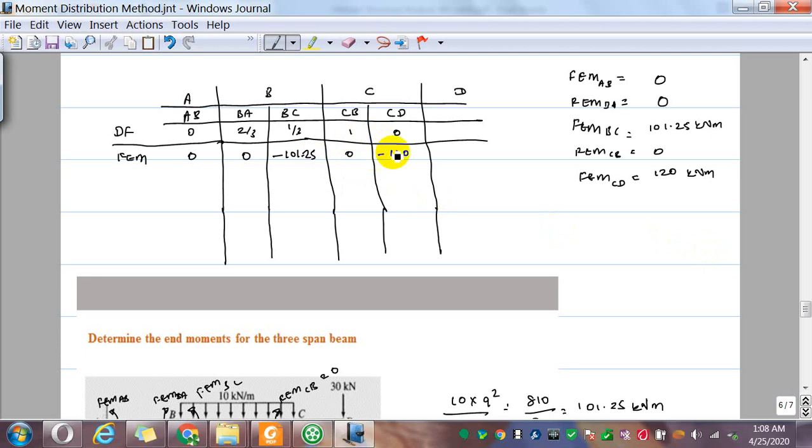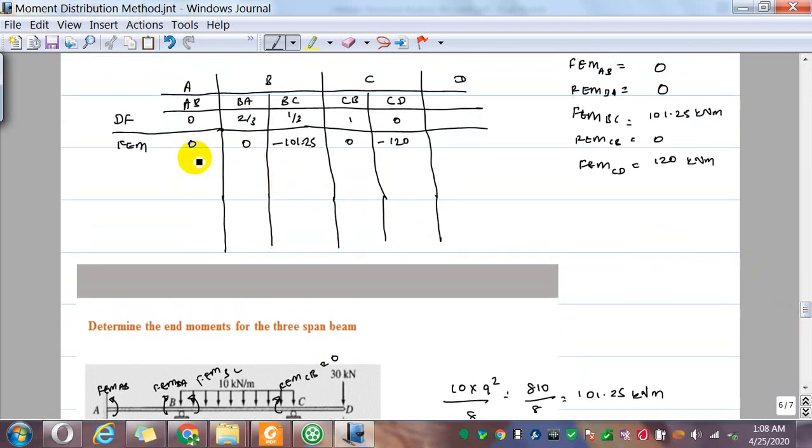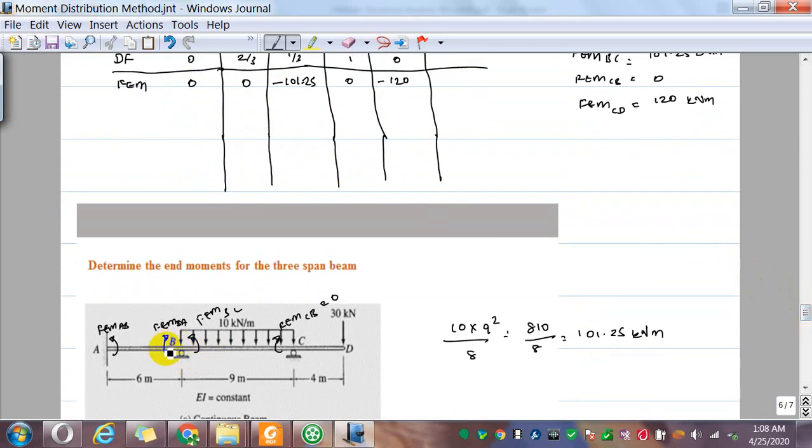Okay, clockwise is positive. So now what happens here is you have fixed end moments. At A there is no moment; at B, BA and BC, these are fixed end moments. But actually this is not a fixed support condition because it's a roller.